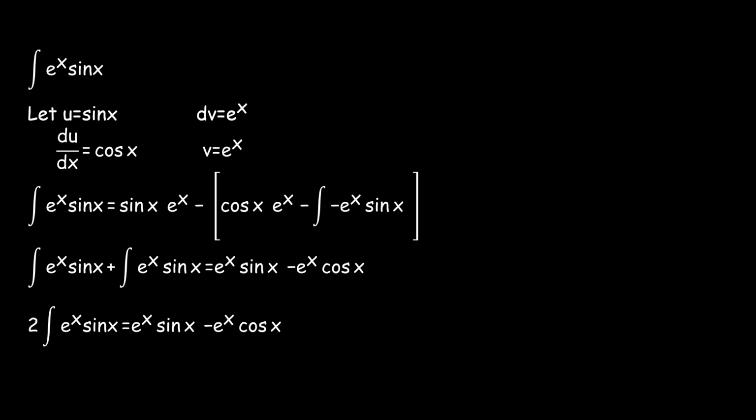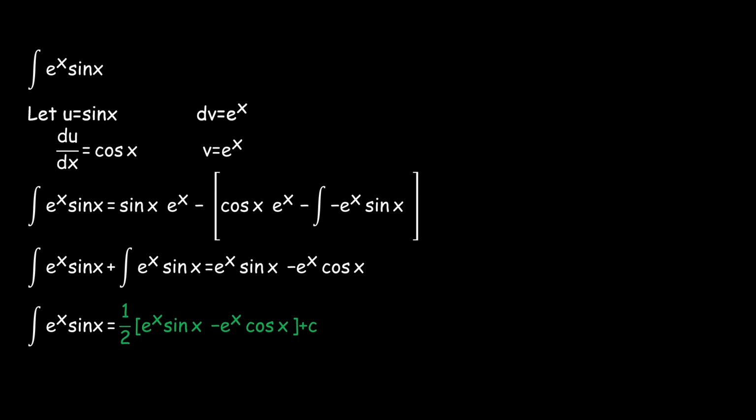And we're going to divide both sides by the 2. This is going to give us e to the power x sine x minus e to the power x cos x plus c, all divided by 2. Don't forget the c because, of course, we are good pirates.